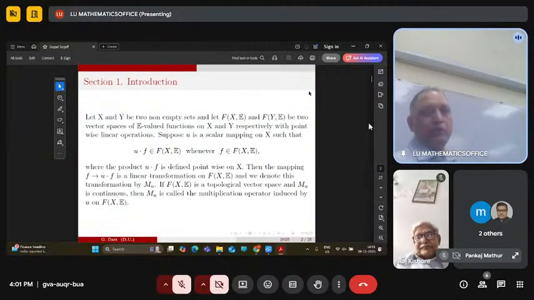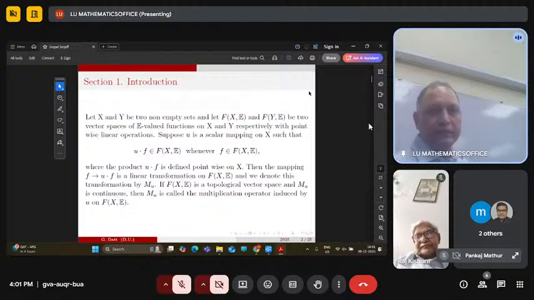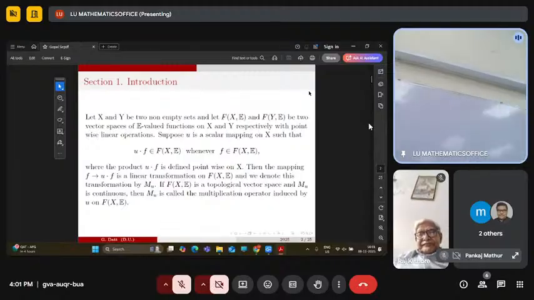So corresponding to each f in F(X,E), the function u dot f, the pointwise multiplication, again comes out in that class.